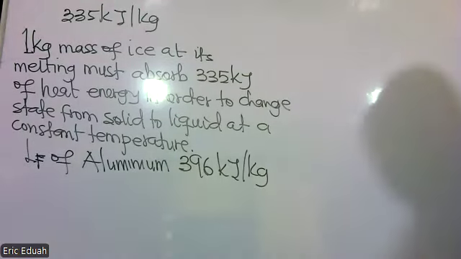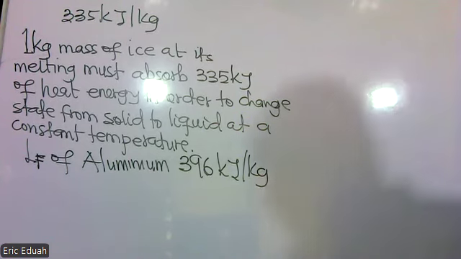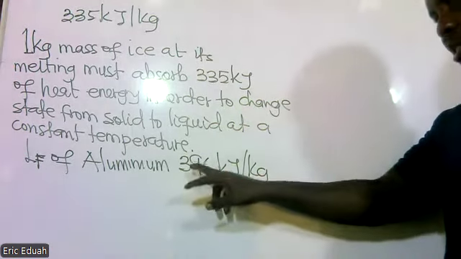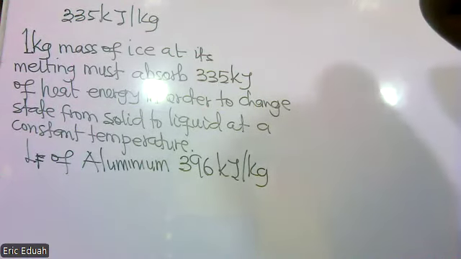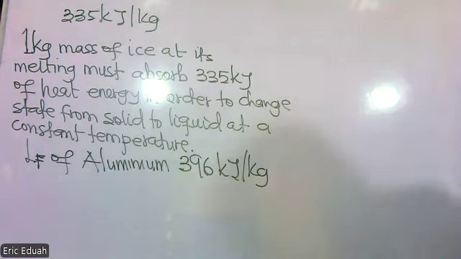Frida, you've done well, but it's not so well polished. Let's polish it. Somebody else to help. What is the meaning of the statement that the specific latent heat of fusion of aluminium is 396 kilojoules per kilogram? Priscilla, can you come in?